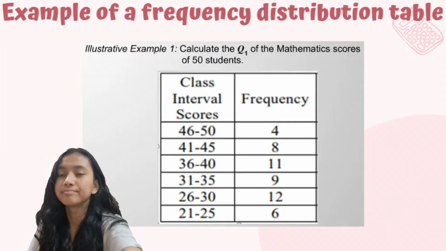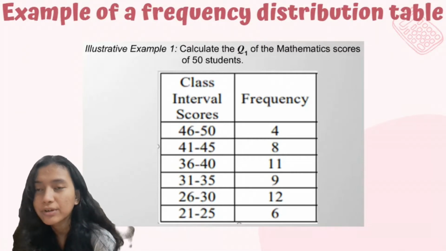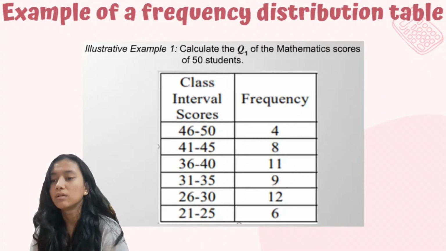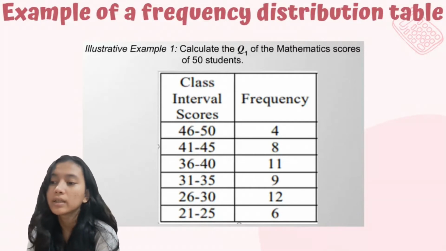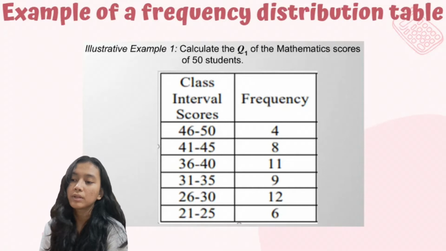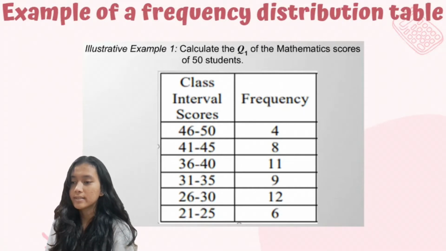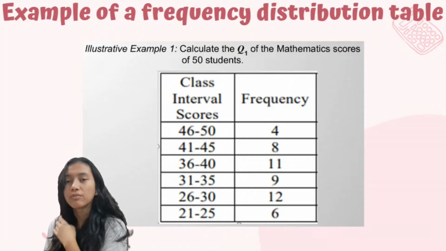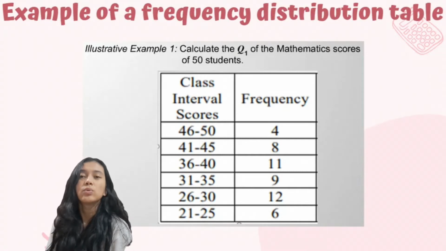So here we are at the example of a frequency distribution table. Illustrative example number 1. Calculate the quartile 1 of the mathematics score of 50 students. The class intervals are 46 to 50, 41 to 45, 36 to 40, 31 to 35, 26 to 30, 21 to 25.